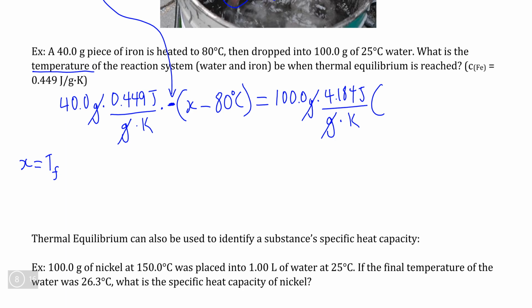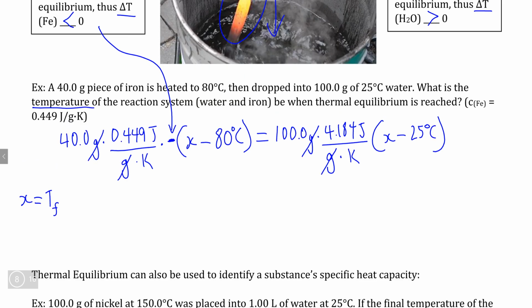Again, we don't know what our final temperature is going to be, so we're going to leave this term as x, and we're going to subtract from that our initial temperature, which is 25 degrees Celsius, and from there, all that we need to do is expand each side of this equation out in order to solve for x.